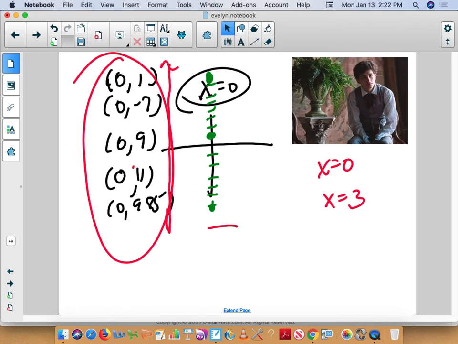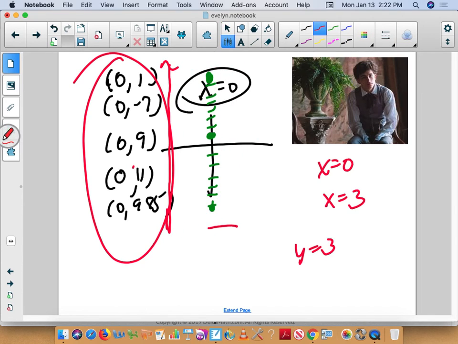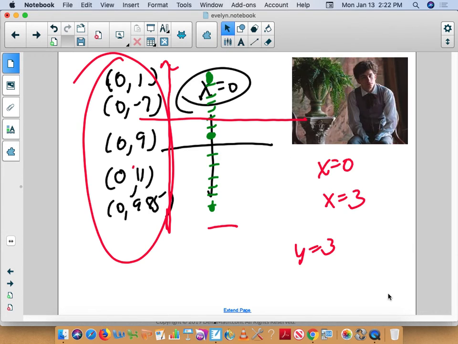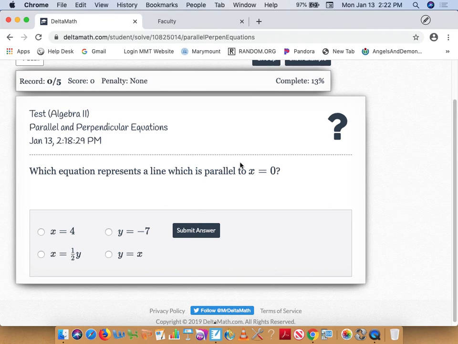Hey girls, guess what happens if I say y equals 3? It's this way. Now I don't care what x is. Okay? All right, so which one of these is going to be parallel to x equals 0? It would be another x equals. It would have to be x equals 4.